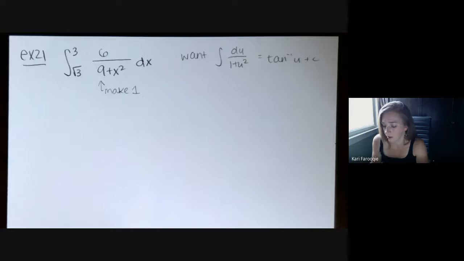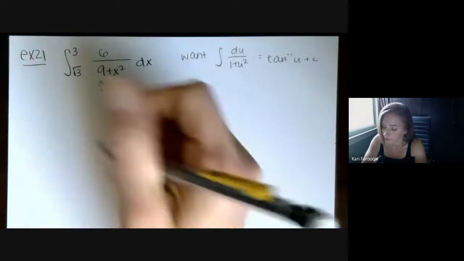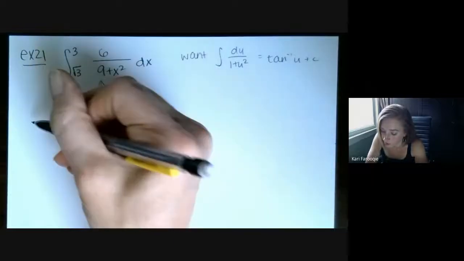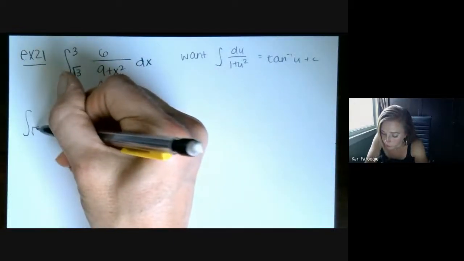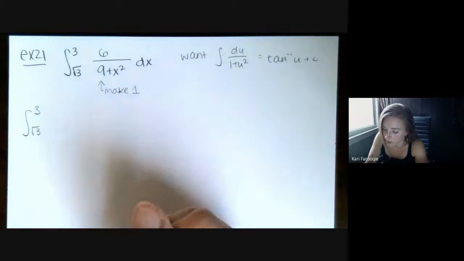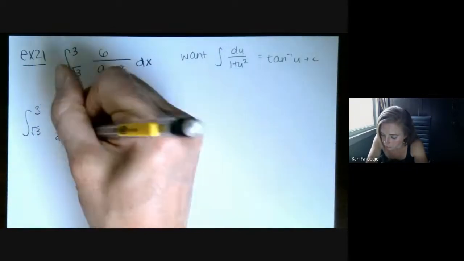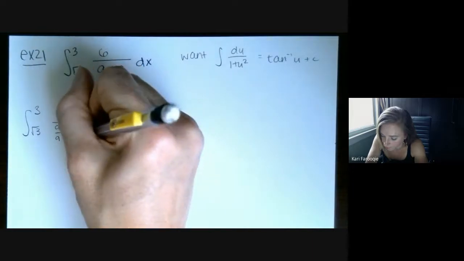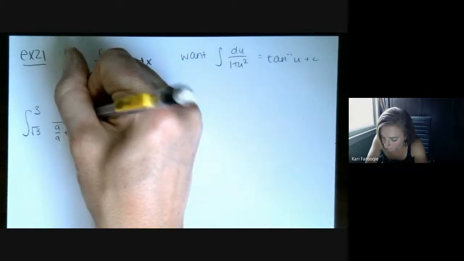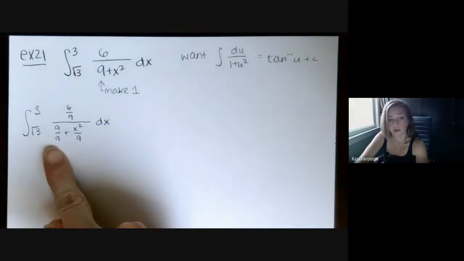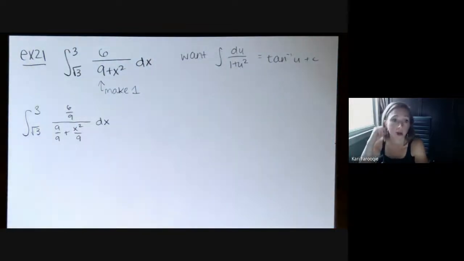Now, I do this differently every semester apparently, but when I did it in the asynchronous work, I showed this using division. So I'm going to stick with that. If you would like to leave the limits on for now, that's fine. I'm going to divide each term by 9 so that I can make this constant in the denominator a 1.